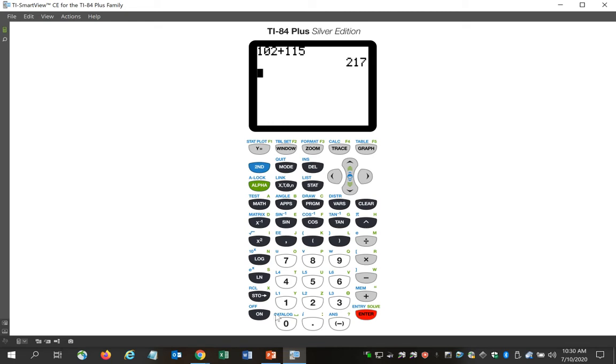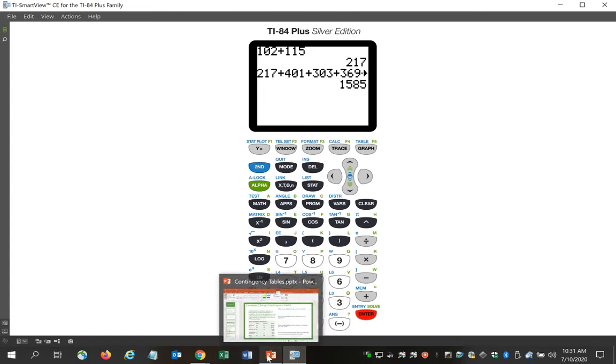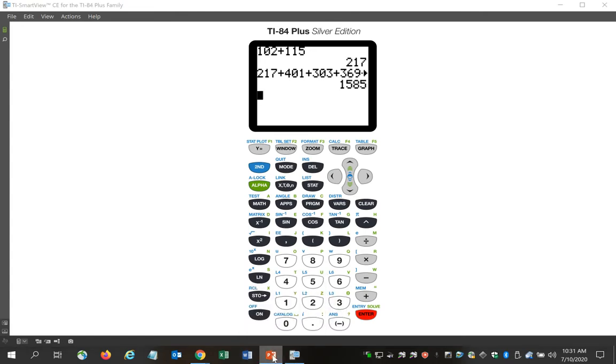So if I enter the totals, 217 plus 401 plus 303 plus 369 plus 295, it should equal the total number in the sample, which was 1,585, and it does.